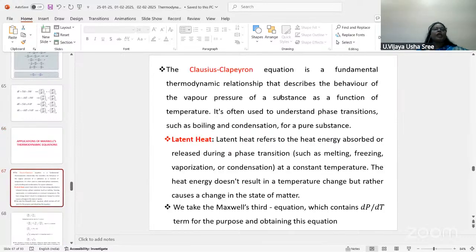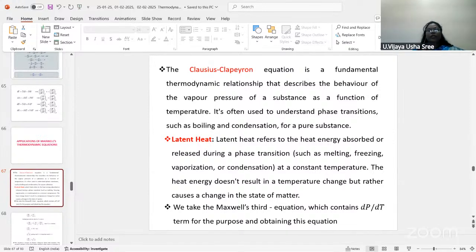Before that, I have to discuss what the Clausius-Clapeyron equation is. This is the fundamental thermodynamic relationship that describes the behavior of the vapor pressure of a substance as a function of temperature.